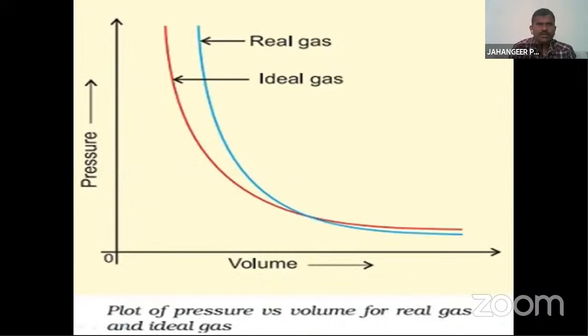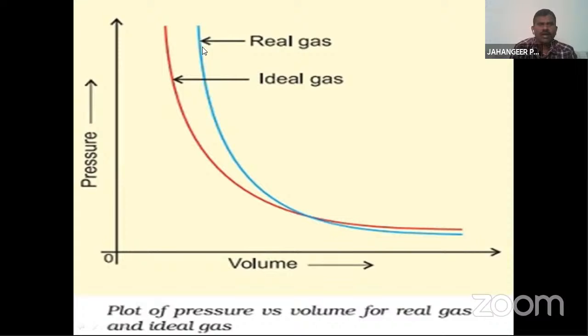Next, here is one more graph between pressure and volume. Students, we discussed in Boyle's law that the graph plotted between pressure versus volume at constant temperature gives curves called isotherms. Here also two curves are drawn: one is the ideal gas curve and the other is the real gas curve.